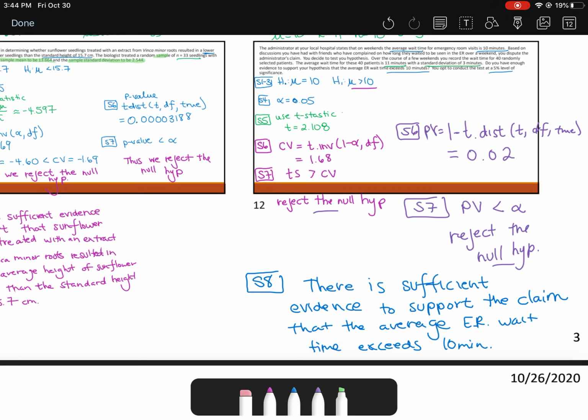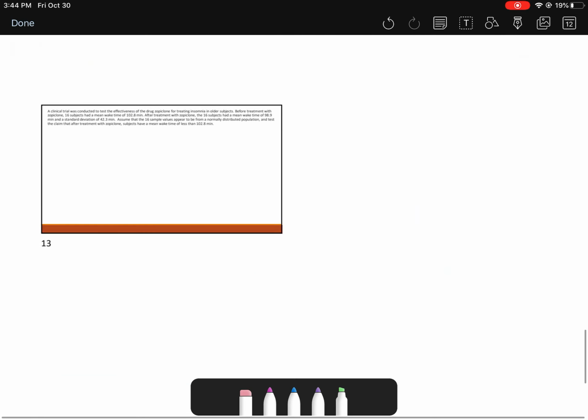Awesome. Okay, sorry for that little error on step 6, but we did catch it. So that's always a good thing too. When you notice something looks wrong, then you go back and look and go, oh, okay.